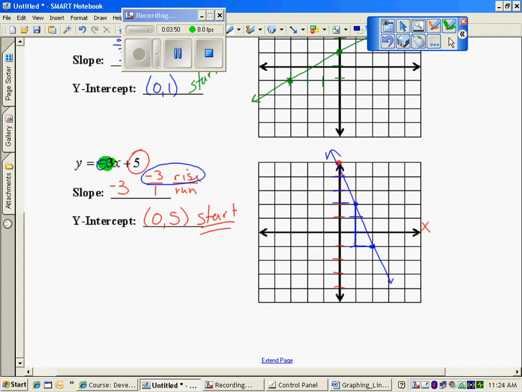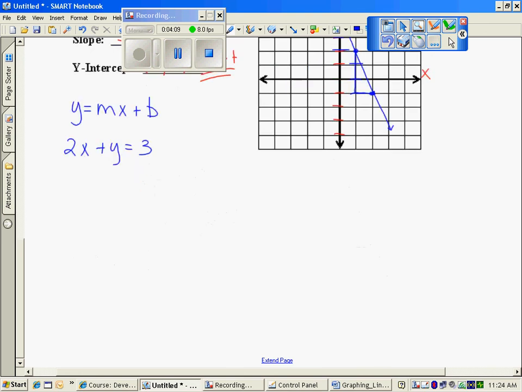Now one special note: if you have y isolated, we will have y equals mx plus b. If you are given some equation that's not in the form to identify the slope and the y-intercept, what we must do is rearrange.